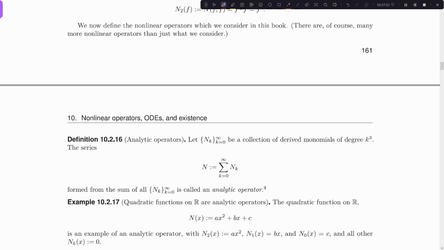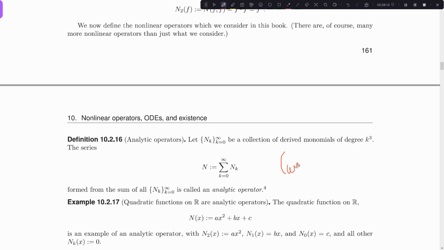Rather than the true monomials, we have derived monomials of some degree. This is a footnote. That's not degree k cubed. But we're just going to add infinitely many of these monomials of some degree. And that's called an analytic operator.